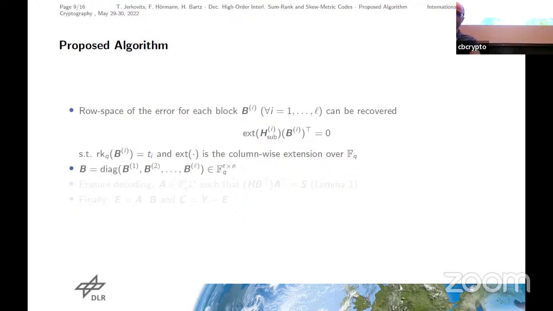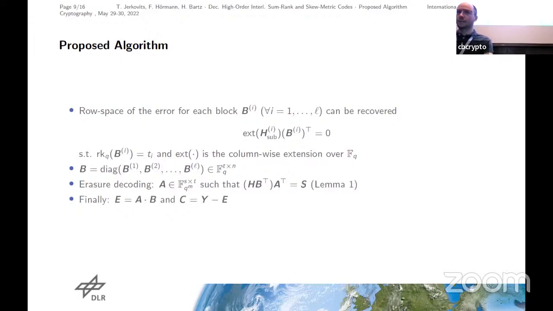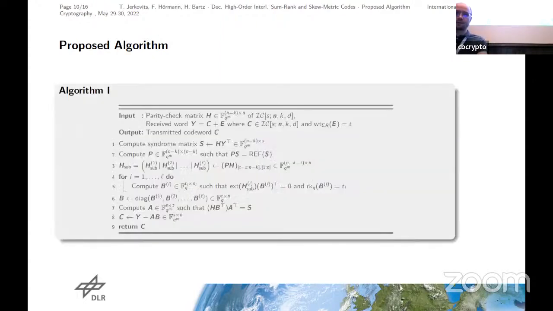Then we can build up the whole B matrix, which is just the block diagonal matrix of these B blocks. What then remains is just erasure decoding using lemma 1 to recover A. Then we have the complete error matrix, which we can subtract from the transmitted codeword to recover the codeword. So kind of simple.